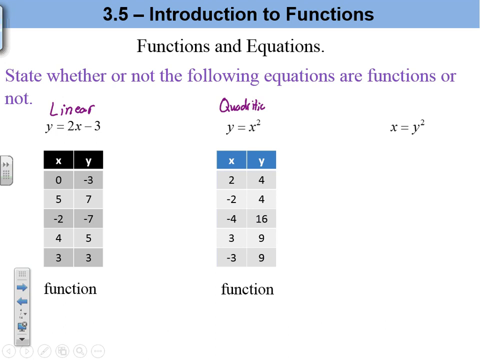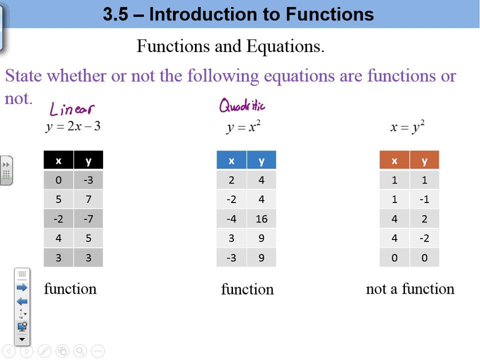Absolute value-wise, yes. So here we have an equation that says x is equal to y squared and an associated table of values. Now there are two things that point out why this is not a function. First of all, the x numbers here are repeating, and that is a clear giveaway.